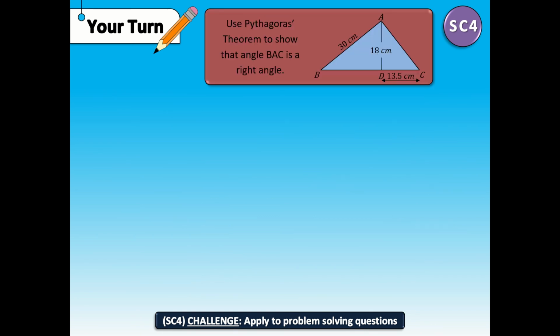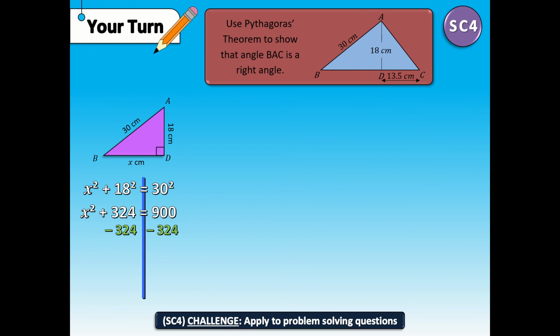And finally, the red question. So we're going to use Pythagoras' theorem to show that the angle BAC is a right angle. So if we have a look at this triangle here and work out the length of x, x is 24, so that length there is 24 centimeters.